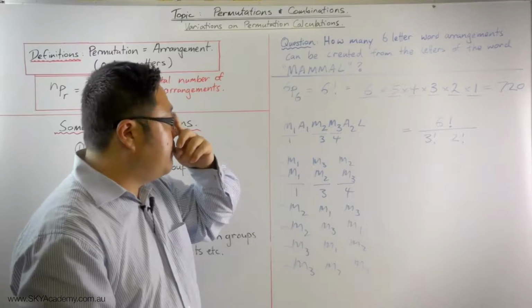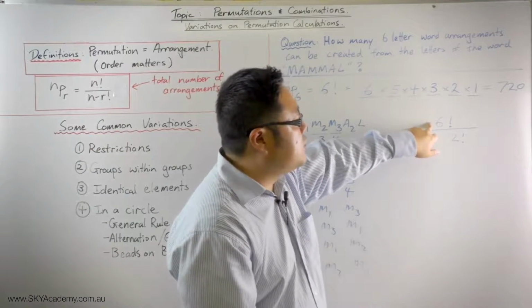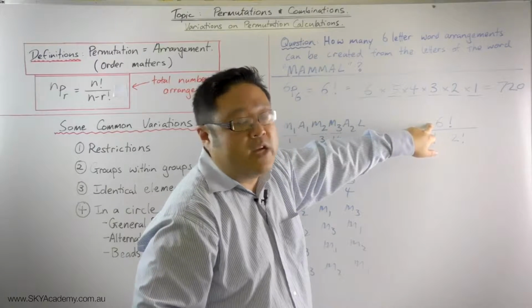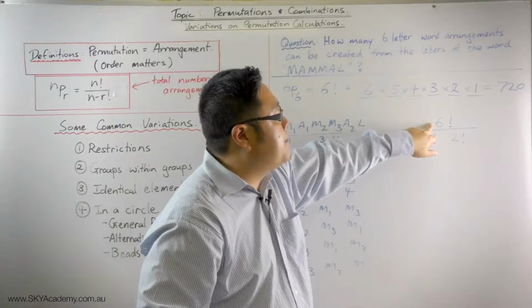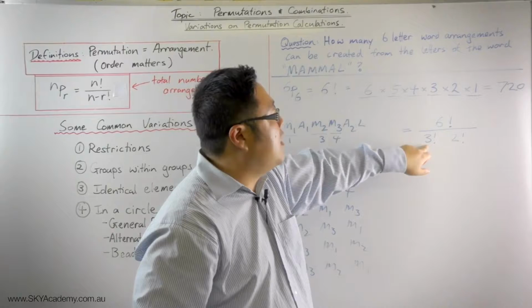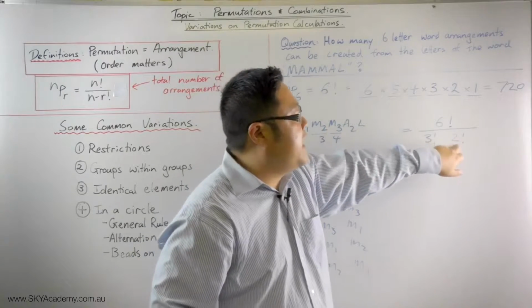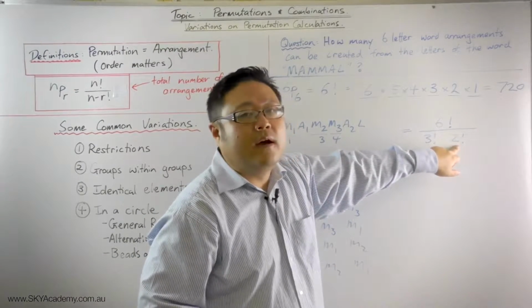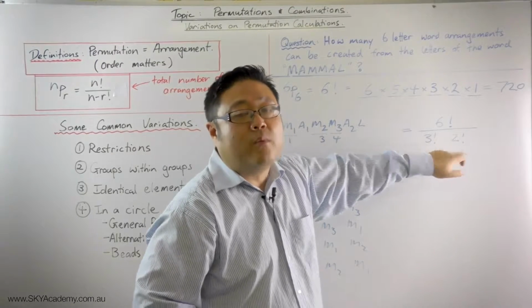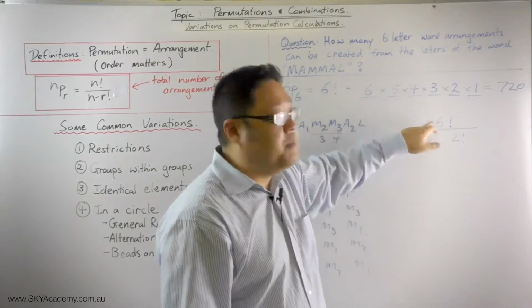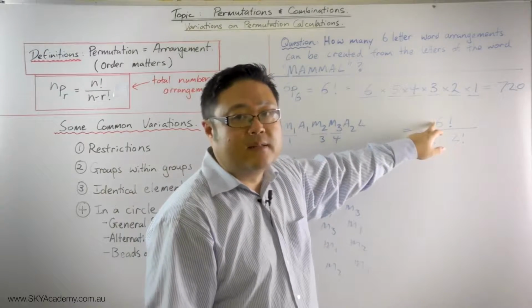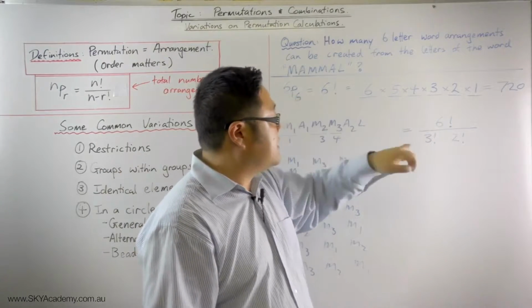So really what you've got is 720, or 6 factorial, which is all the arrangements if you've got 6 distinct letters, divided by all the internal arrangements of the 3 identical M's, divided by the 2 arrangements of your 2 identical A's that fit in along the bigger 6-letter word.